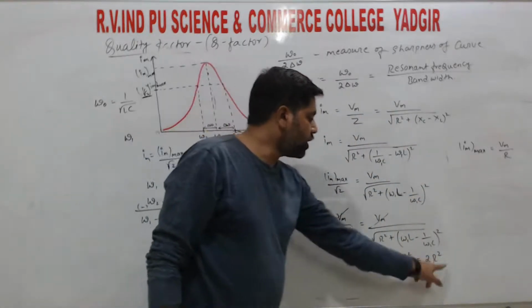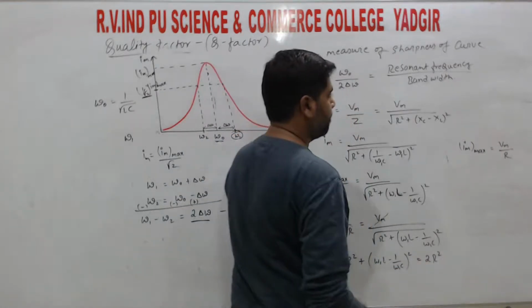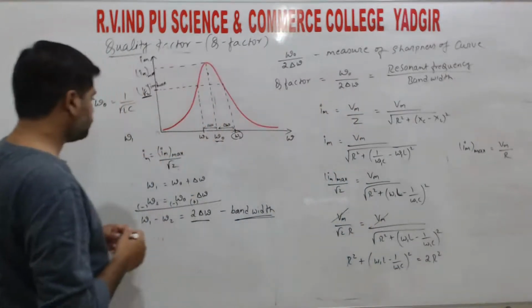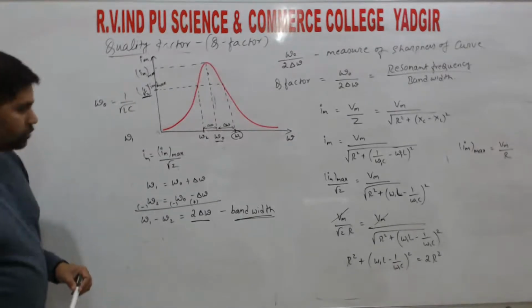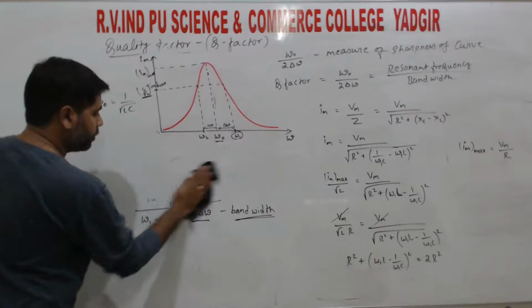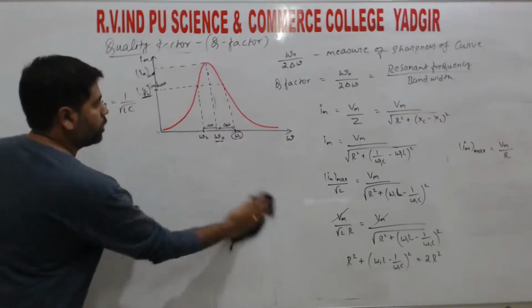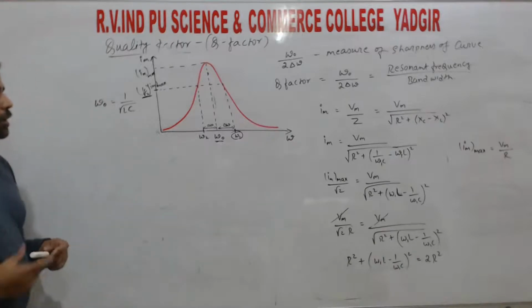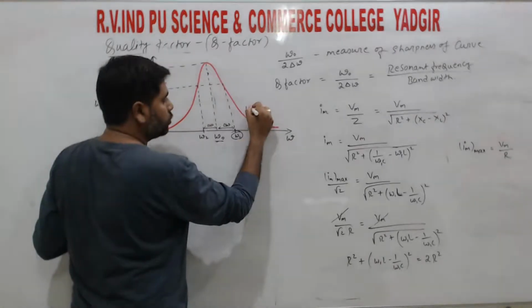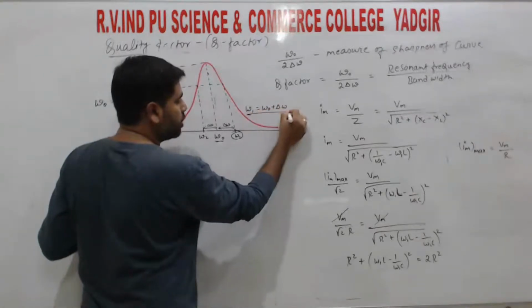So if we shift this R square to the RHS, we get (omega 1 L minus 1 by omega 1 C) whole square equals 2R square minus R square, that is R square. Here we are discussing omega 1, so I will write omega 1 equals omega naught plus delta omega.